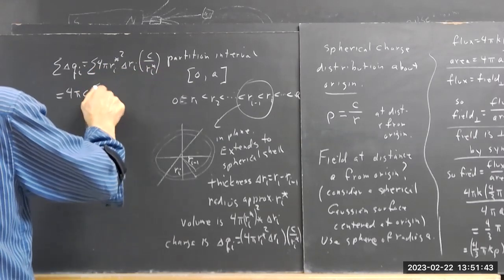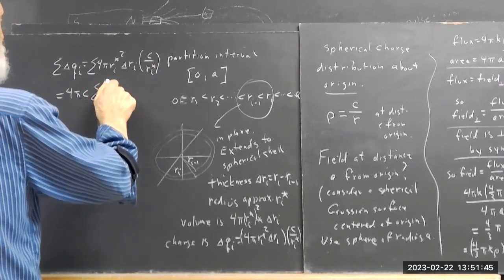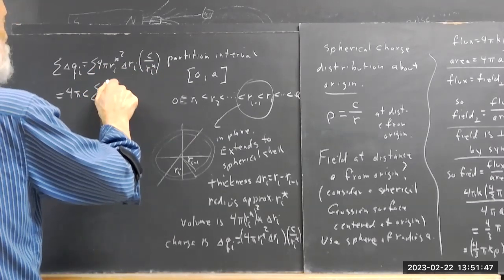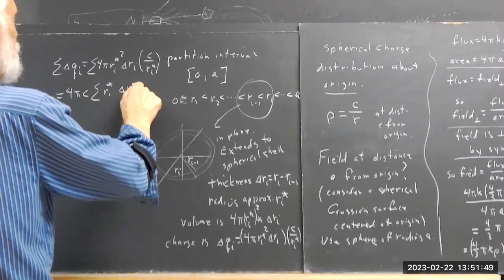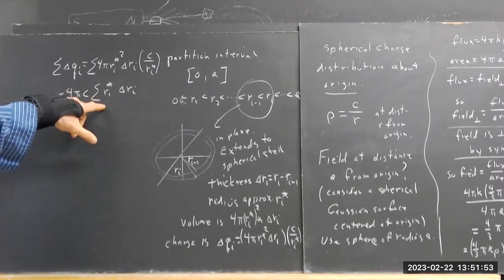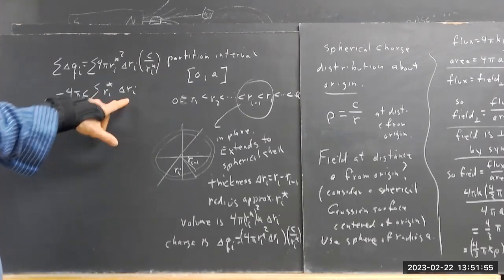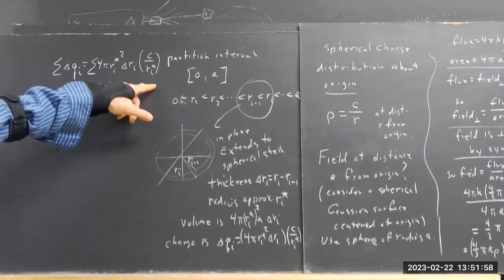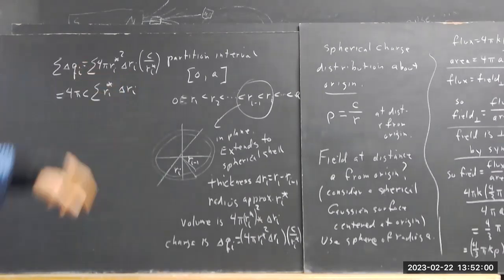Factor out the 4 pi C. And it's 4 pi C times R sub i star over R sub i. We have R sub i star here and R star squared there.